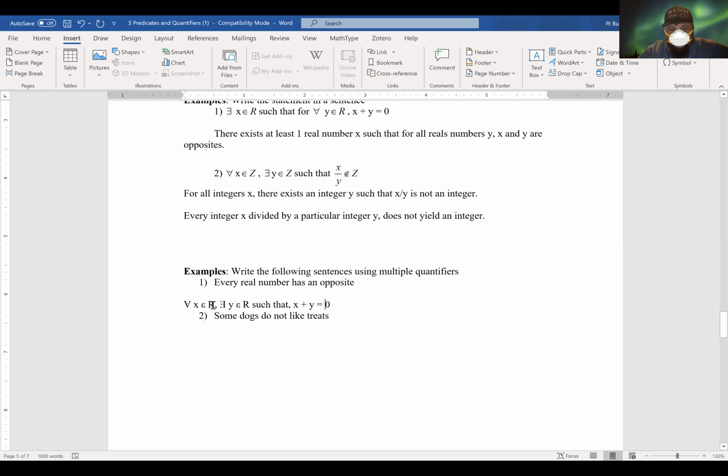If one of them is a real number, then you can assume, if not specifically stated, the other must be a real number here. That's one of the main problems with a lot of these: they tell you to write it as a multiple quantifier, but it only seems to give you one thing. So it's a little confusing.